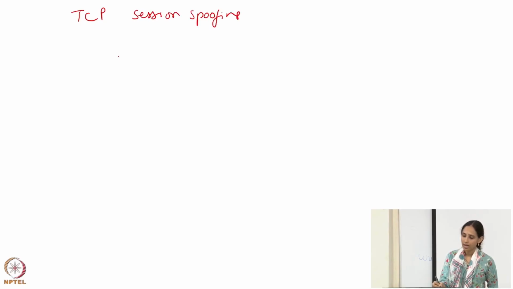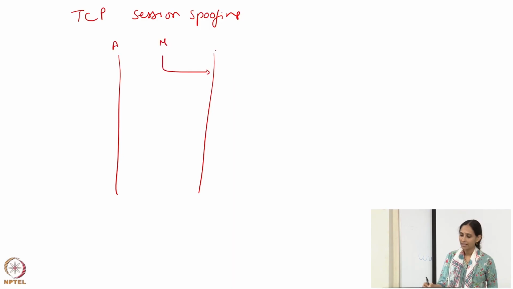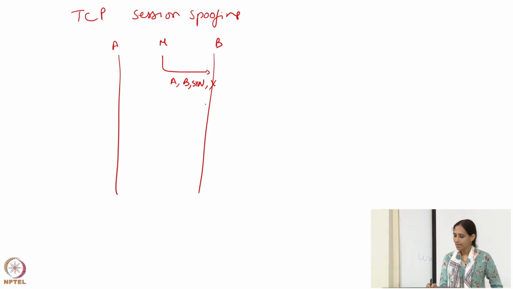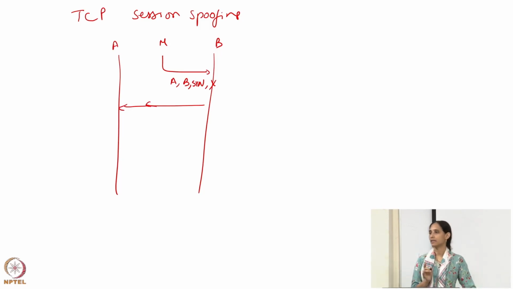So here the idea is there is Mallory. Mallory is acting as A and sending a packet to B using its own sequence number, sequence number X it has used. Now, for this attack to be successful, B will generate some packet which is going to go to A, and if A saw that packet, it will reset.